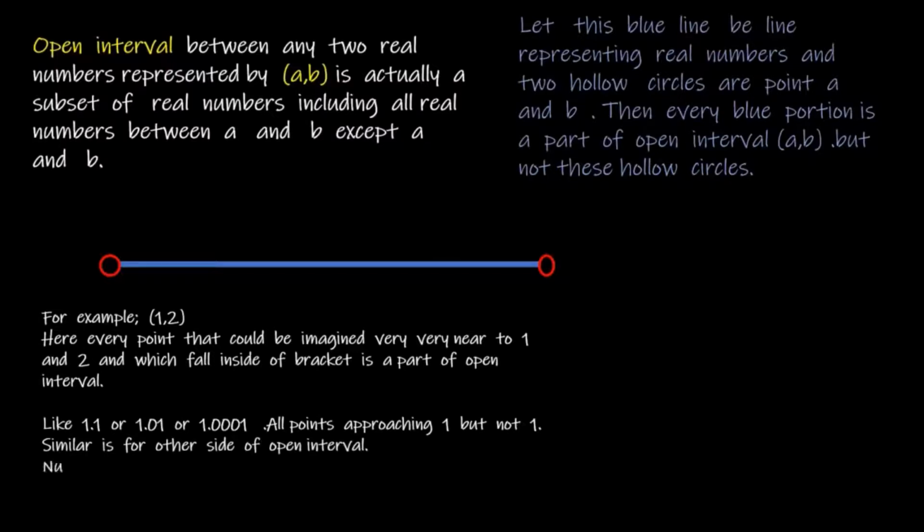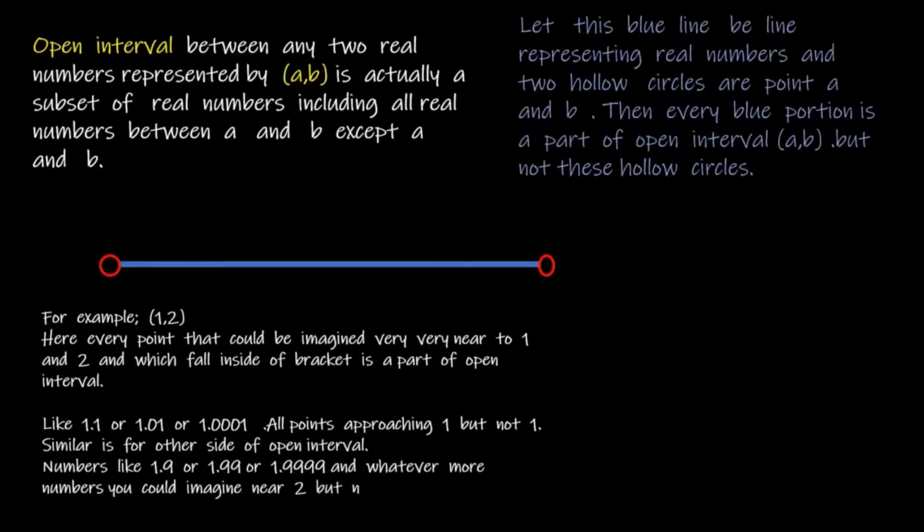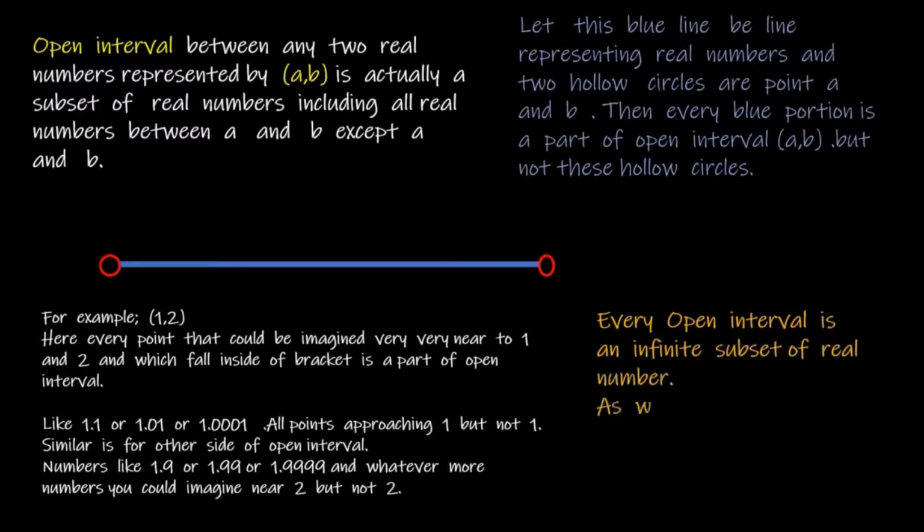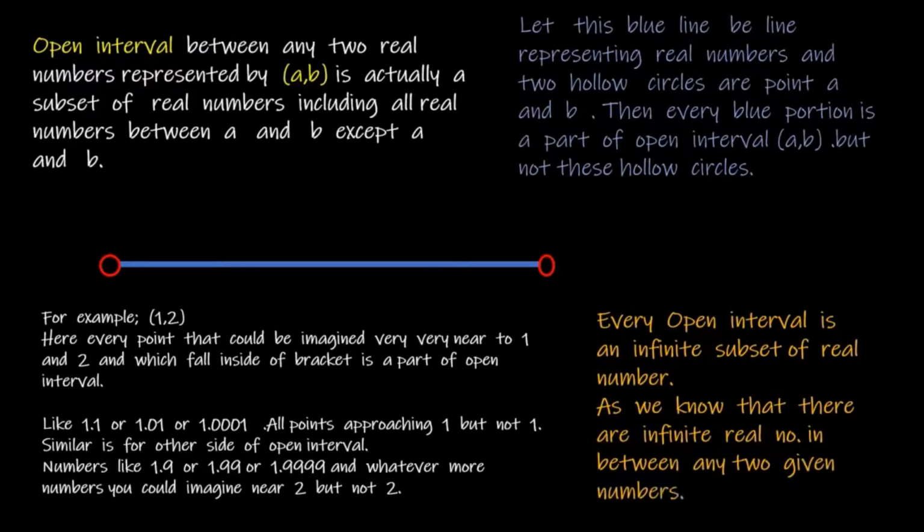Similarly, on the other side of the open interval, numbers like 1.9, 1.99, 1.9999, and whatever more numbers near to 2 but not 2 are a part of the open interval. In this way, we can say that every open interval is an infinite subset of real numbers, as we know that there are infinite real numbers between any two given real numbers.